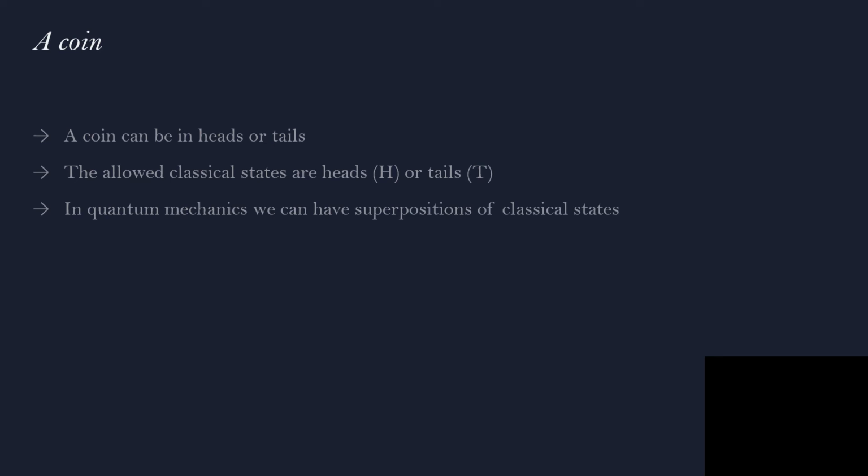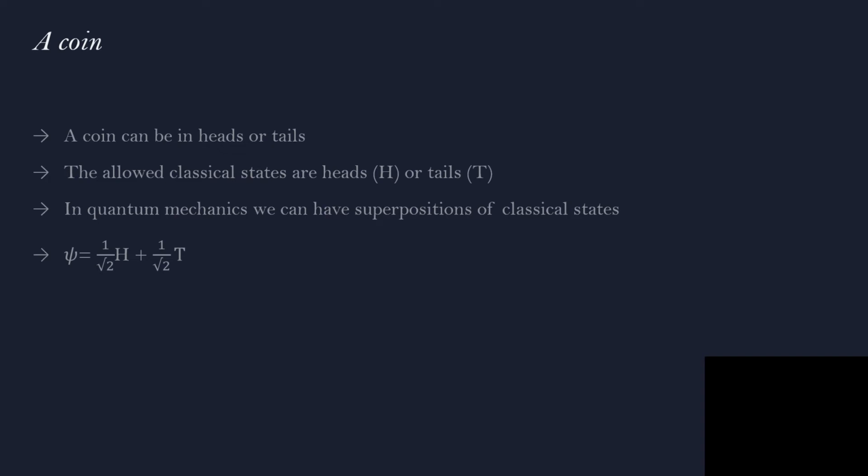But in quantum mechanics we can have superpositions of classical states. So we can describe a state which is kind of made from adding the classical state of heads to the classical state of tails. And we can write something like this.